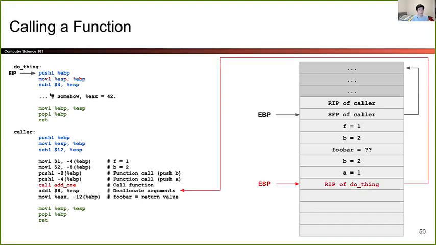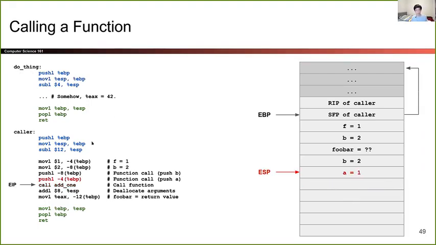So right before we entered this function, the EBP was up here and the ESP was down here. So when we go back to having returned, we want the same thing. We want the ESP to be down here and we want the EBP to be up here.